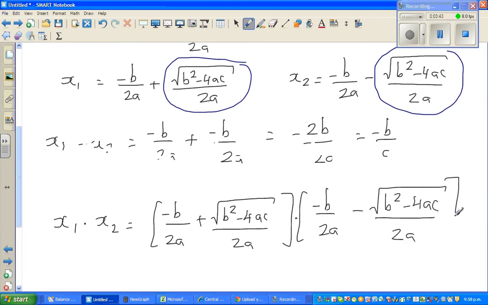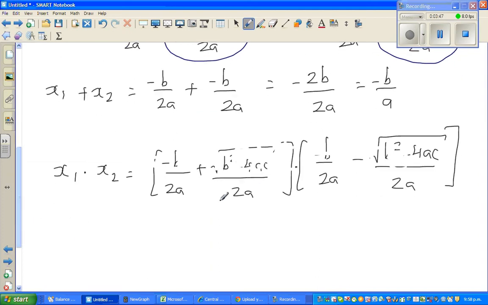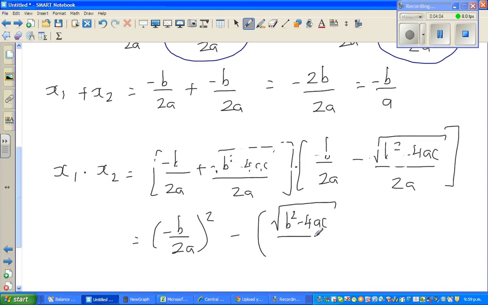Now you can clearly see a formula here, which is the difference of two squares: a plus b and a minus b. So this is nothing but minus b over 2a, the whole squared, minus square root of b squared minus 4ac over 2a, the whole squared.